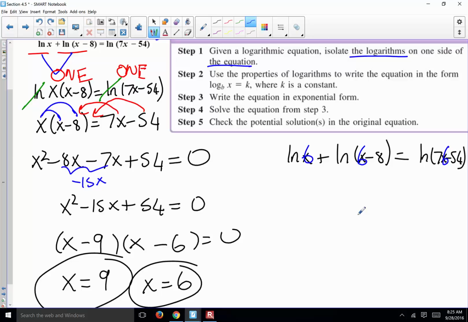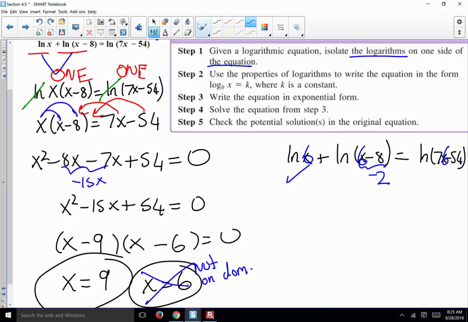Do we always have inside positive? Do we? Let's just check. I can compute ln 6. How about ln 6 minus 8? Negative 2. Can you compute an ln negative 2? No, this thing is not on the domain. Not on domain. So we cannot take this.